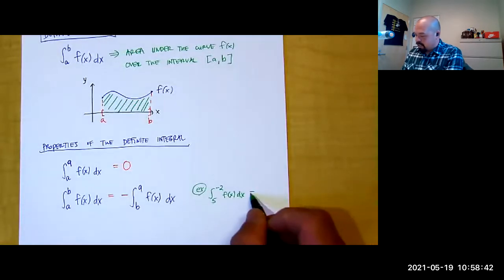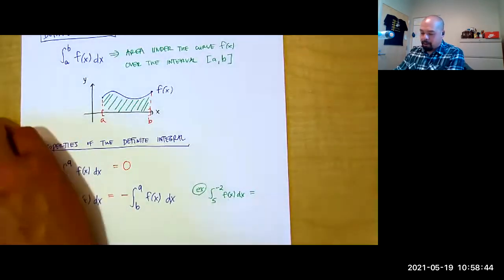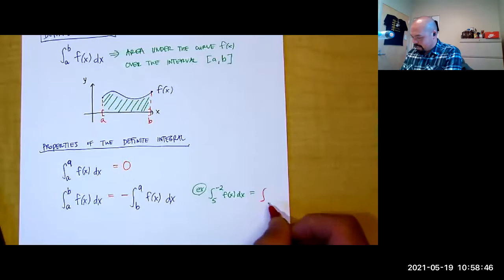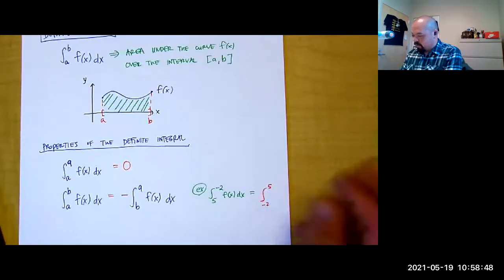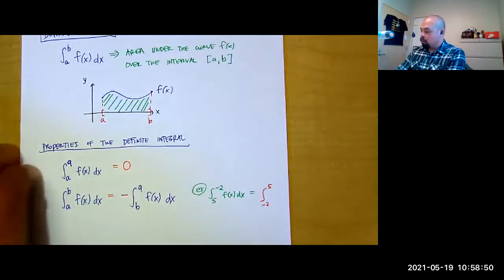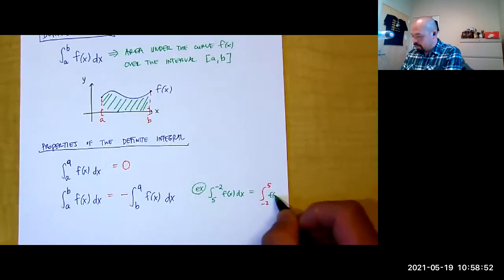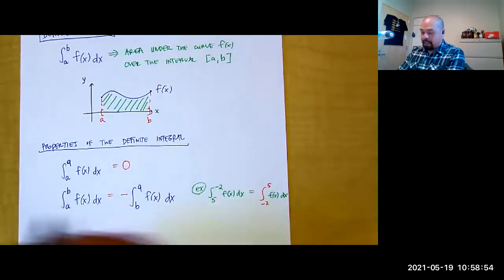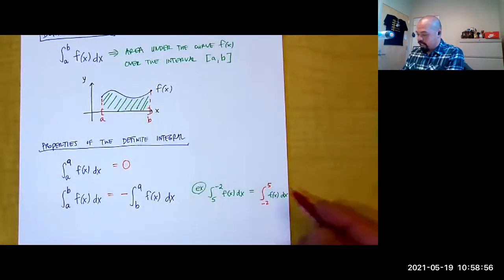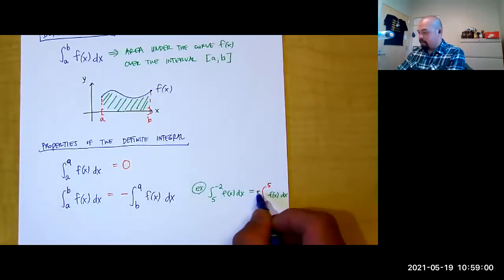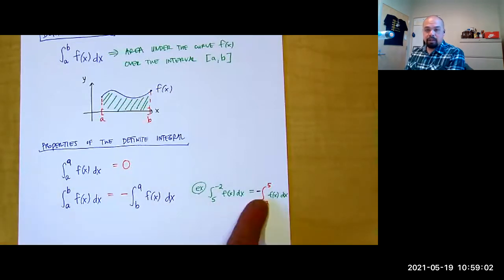If I wanted to kind of say, well, this looks more appropriate if I instead went from negative 2 to 5, or from least to greatest, right? We're still dealing with our same function, a little integrating factor dx, but once I change the order of my limits, the negative shows up. Okay.